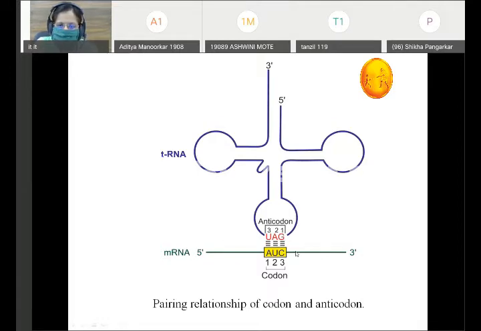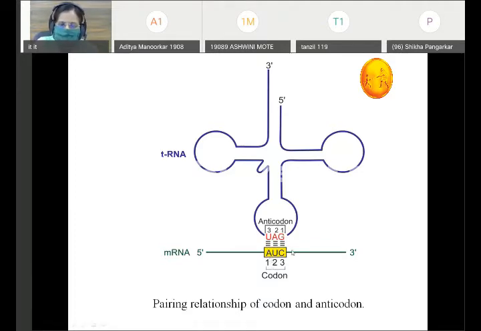Lower down you can see the mRNA from 5' to 3', and it has codons labeled from 1 to 3. On the upper part we have the structure of tRNA having an anticodon arm, which contains an anticodon which binds complementarily with the codon present on mRNA.